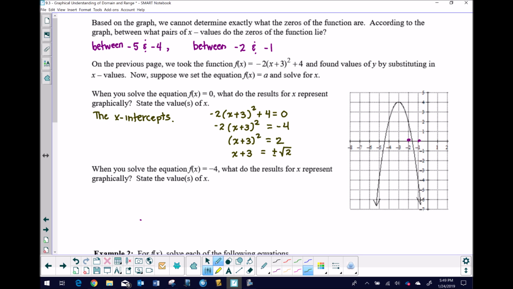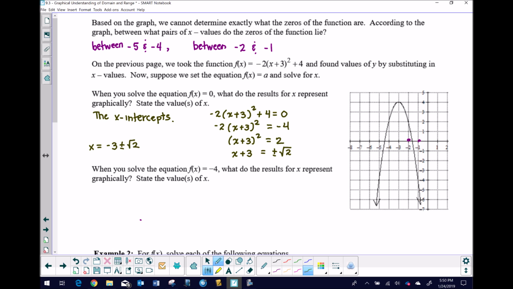X plus 3 would either be equal to positive square root of 2 or negative square root of 2. You can probably understand now why there are ugly answers. Now if we subtract 3, x would end up equaling negative 3 plus or minus the square root of 2. And we want to interpret that as being two different answers. That's very important that we think that way.